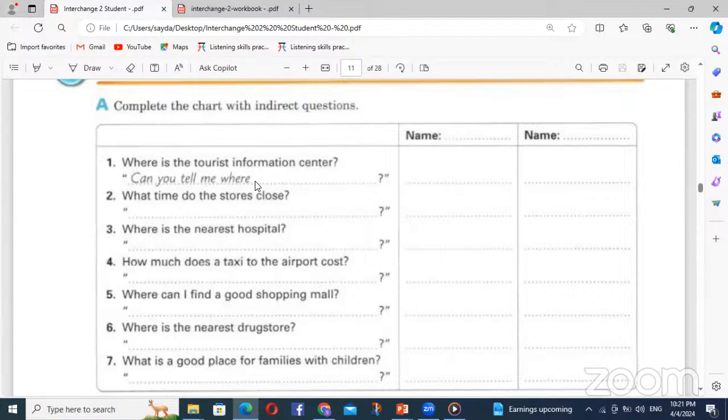We'll remove the s and put... say it again. Can you tell me how much a taxi to the airport costs? So: can you tell me, or do you know, or could you tell me how much a taxi to the airport costs?